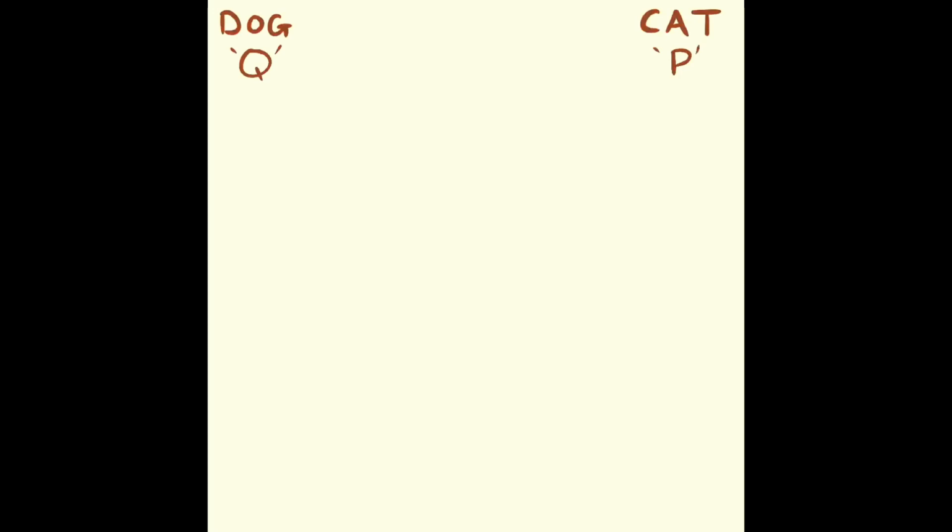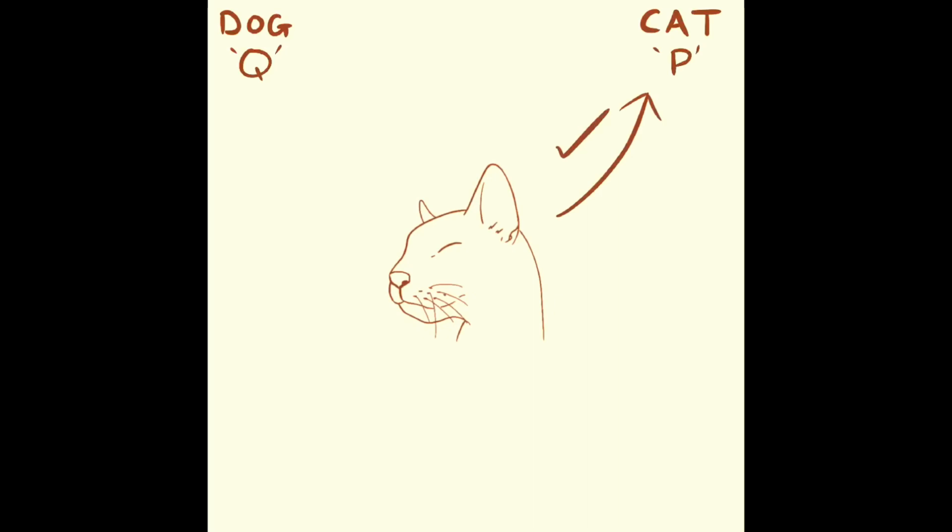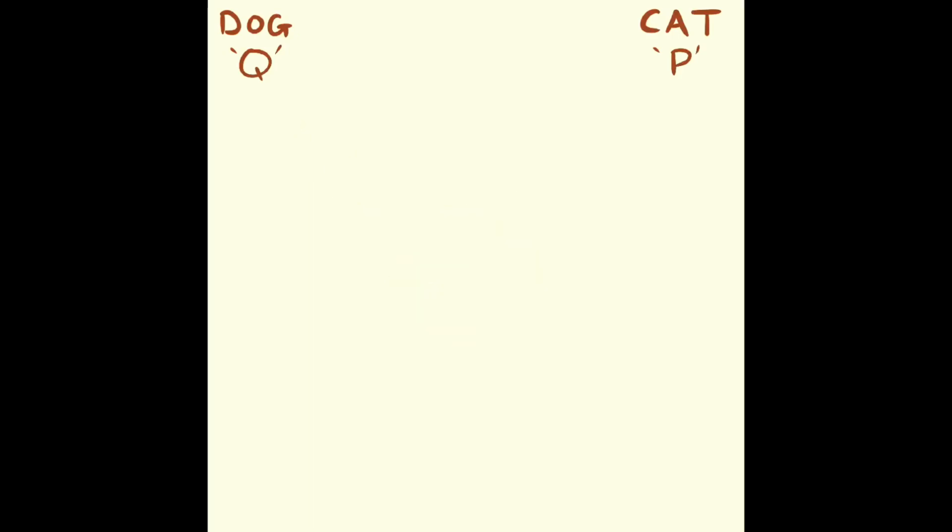So in our example, dogs have been assigned the Q key and cats have been assigned the P key. So if our participant sees an image of a dog, we would expect them to respond with Q, as this corresponds to the correct group, rather than with P, because that would of course be incorrect. Similarly with a cat, we would expect them to respond with P rather than with Q. So that's how block 1 of the IAT would go.